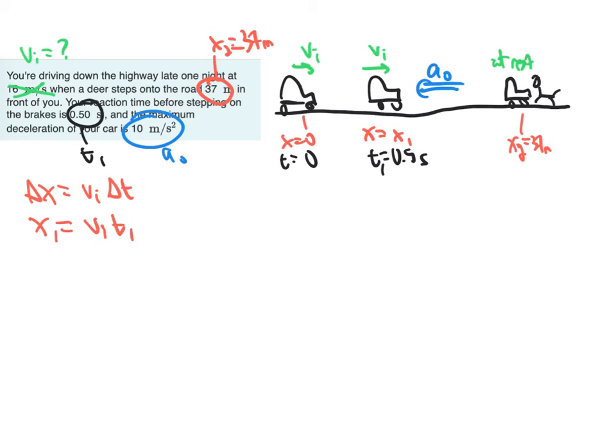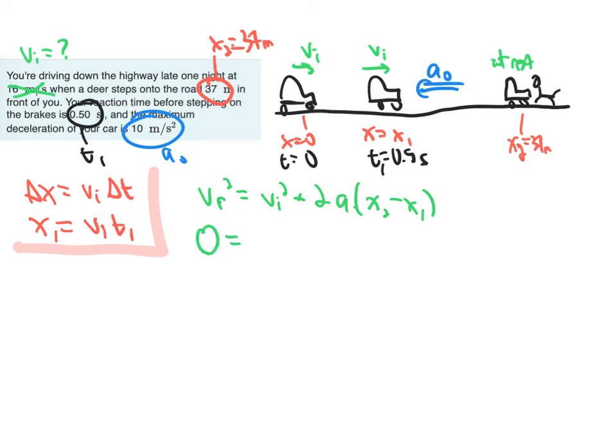And then we don't care about the time in the second half, just like before. So we're going to use the same equation, and we're going to say that v final squared equals v initial squared plus 2a times x2 minus x1. We end at 0, that's easy enough, and we have vi squared plus 2 times the minus a0 that I have here times x2 minus vi t1.